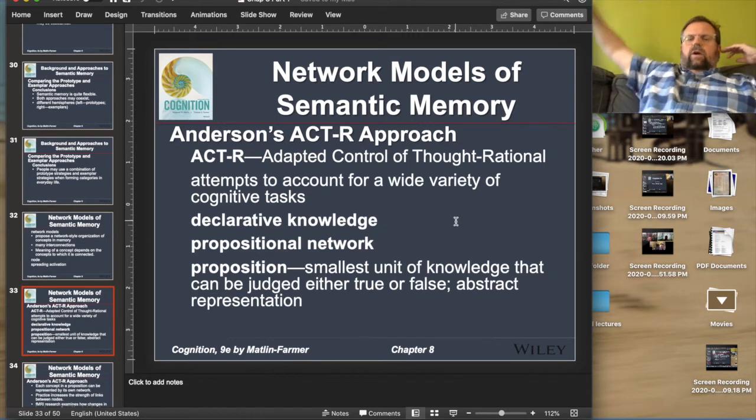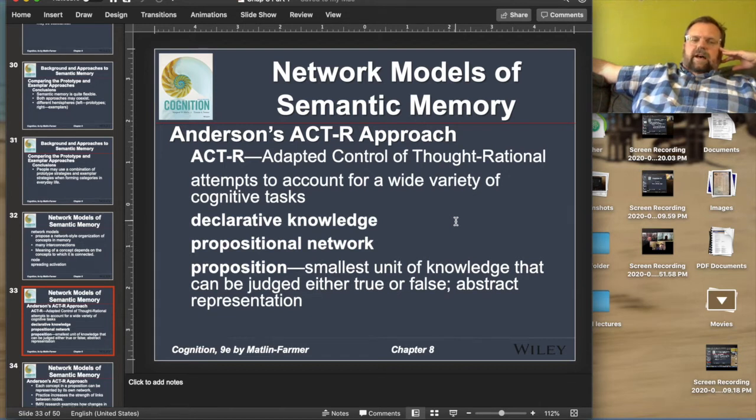Now, one network model that's more recent, if you will, is Anderson's ACT-R approach. ACT-R stands for Adaptive Control of Thought-Rational. Adaptive control of thought attempts to account for a wide variety of different cognitive tasks, including declarative knowledge.